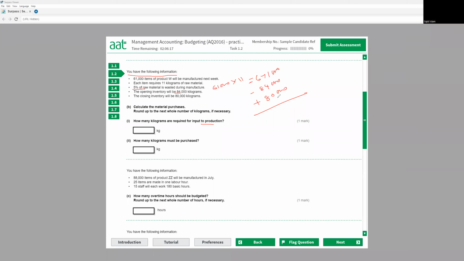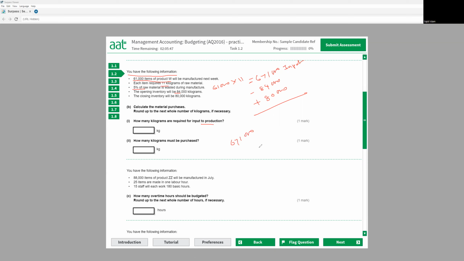So one thing we have to be very careful about here. This input I need for the production, because I have to make 61,000 product W, and each unit needs 11 kg. So this is 671,000 actually. So this one I have to see how much I need to buy extra for that.